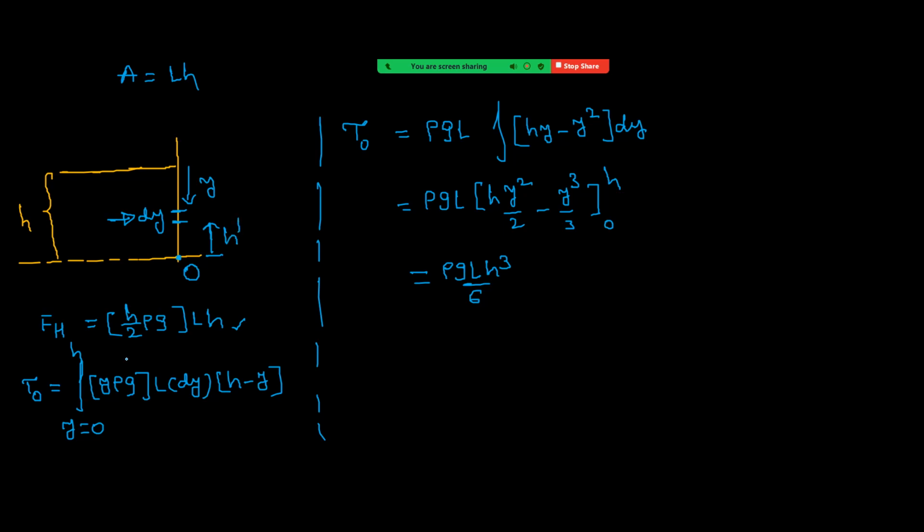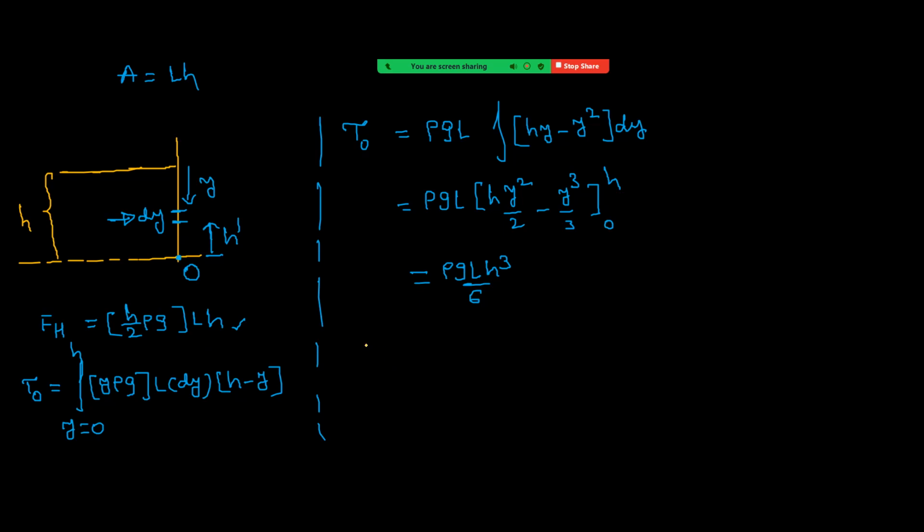At what height this force has to act so that because of that force, torque will be the same. Let us see calculation. So we are taking now this entire horizontal force acting at one height from the point O, so that it will produce the same torque. That height is how much?